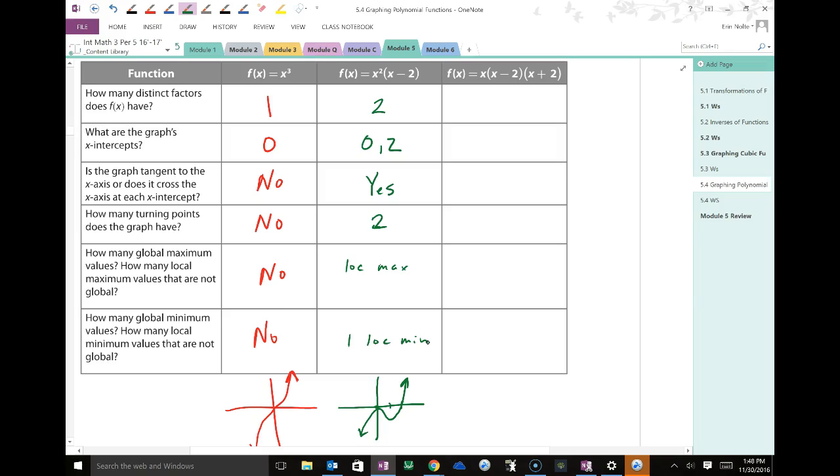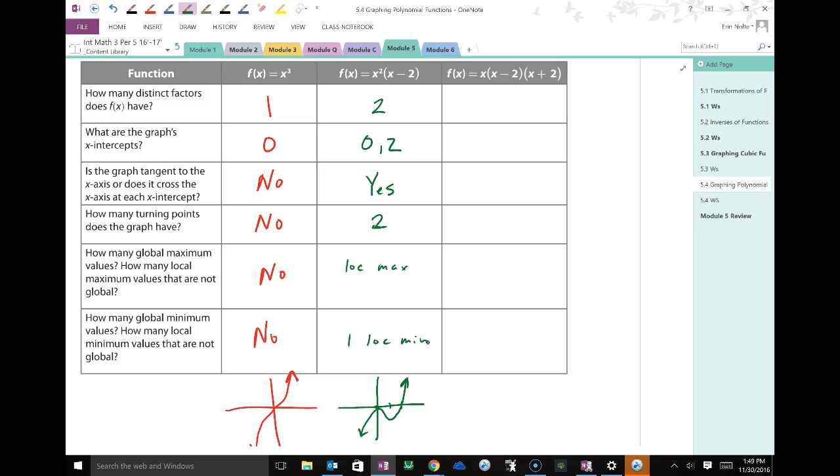Are you ready? So the third one now is x times x minus 2 times x plus 2. Anybody want to make a guess as to what this looks like? It's gonna look like the second one, but on top. So are you saying it's looking like a John Travolta or a parabola? John Travolta.